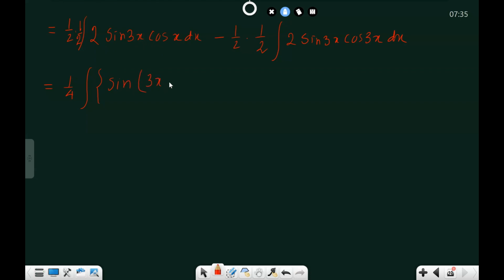So it will be simply 3x plus x then plus sine of x minus y, that is 3x minus x then whole dx minus, it is 1 by 4 again, and in this one integration of this one is sine of 2 into 3x, that is you can directly write 6x dx. It is actually sine 2x formula. What was sine 2x formula? You see sine of 2x, you know this one is equal to 2 times of sine x into cos x, and that is using here.